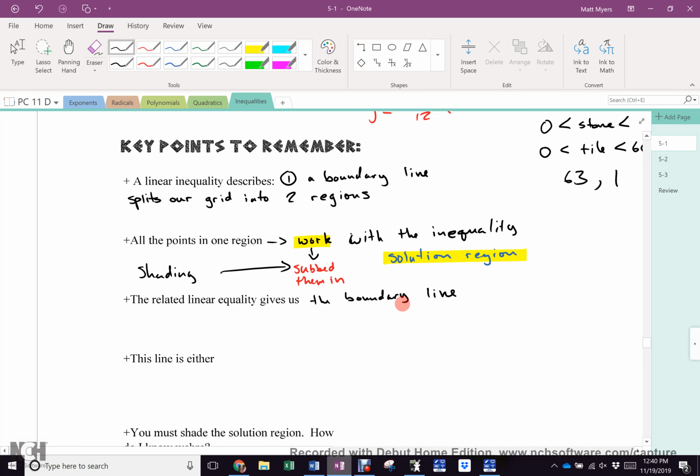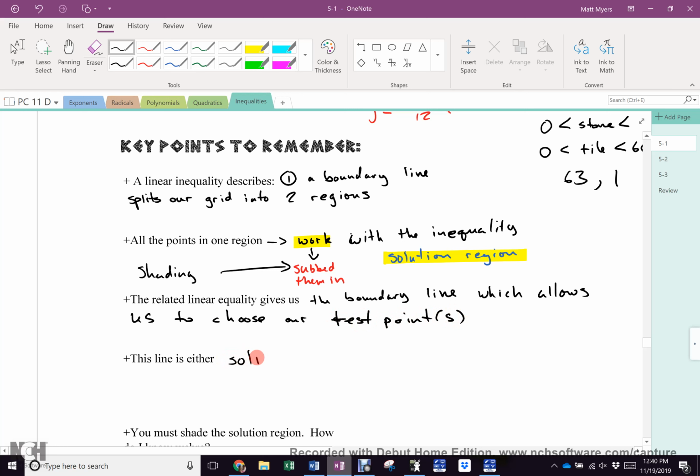The related linear inequality gives us the boundary line, which allows us to choose our test points. I put test points just in case you want to check a second one, right? And what's the line?